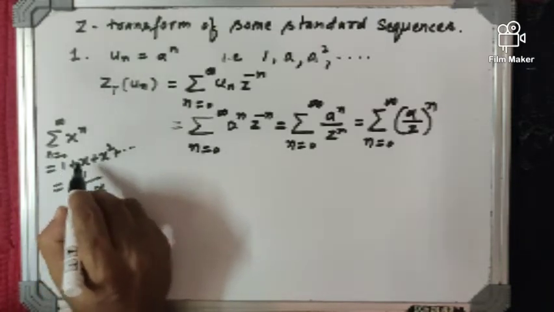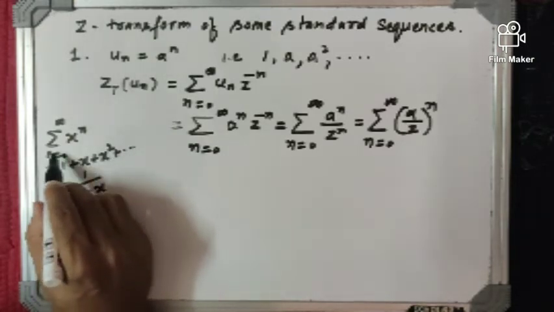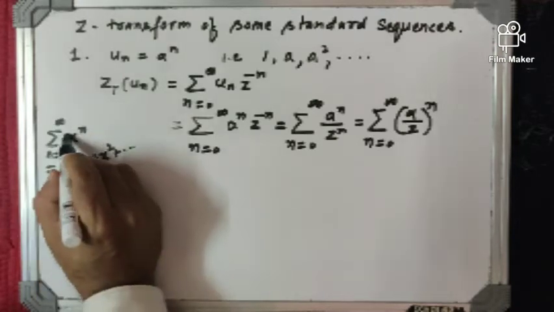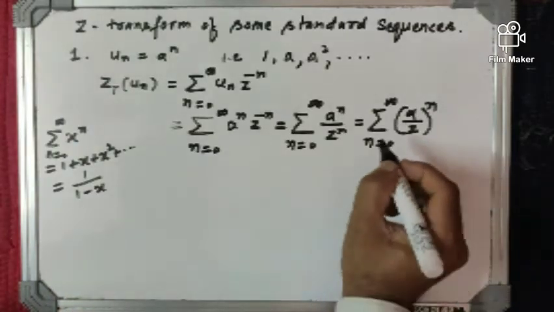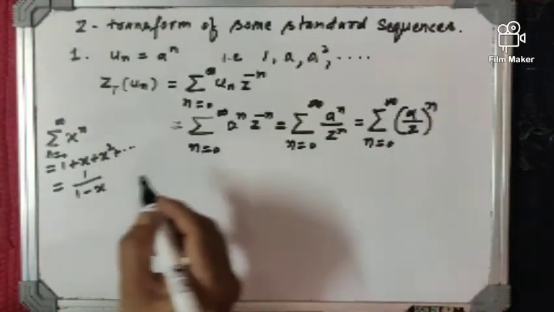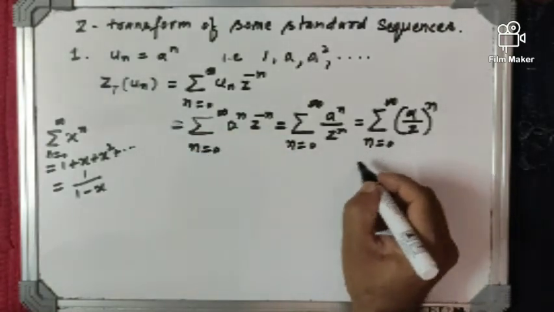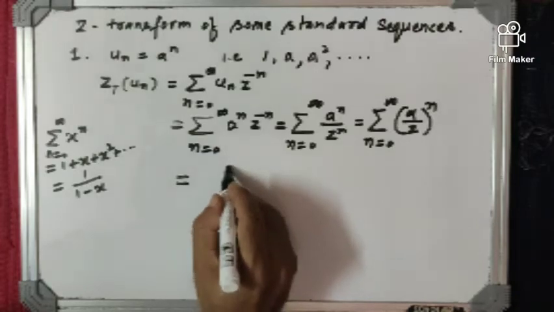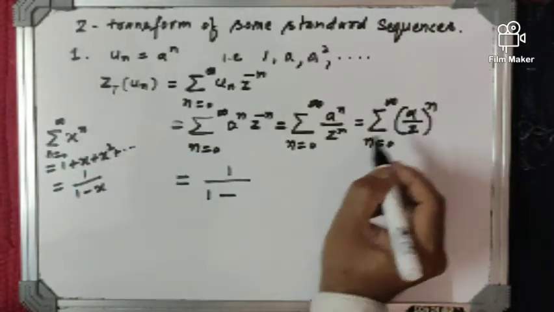Remember that 1 plus x plus x square plus etc., or using sigma notation summation n equal to 0 to infinity x power n, is equal to 1 by 1 minus x. Now if you compare this sum, the next step is 1 divided by 1 minus, in place of x we have a by z.